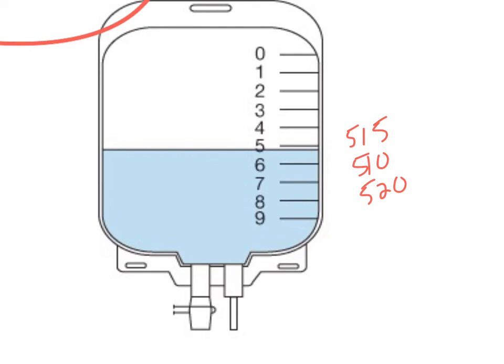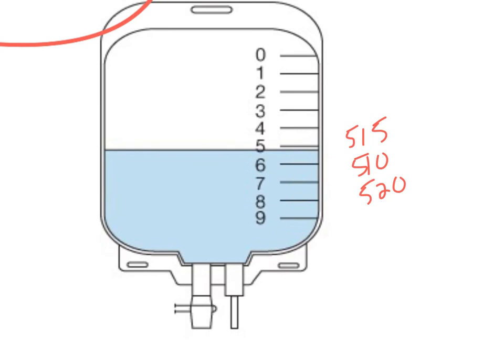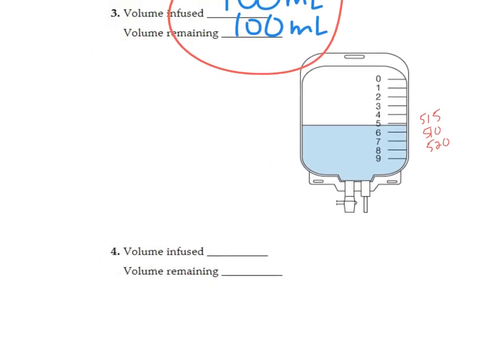What's going to matter then is that you do your subtraction correctly based on how you answer that question. So if, say, you said the volume infused looks like about 525, then we need to make sure that we do our subtraction correctly, as 1,000 minus 525 is going to give us a very specific answer, 475.